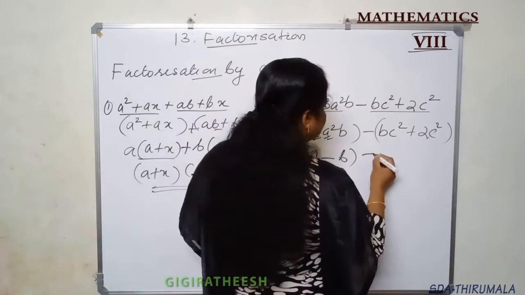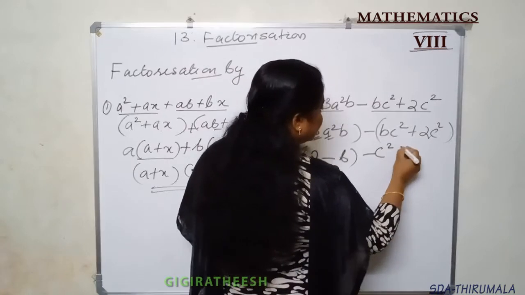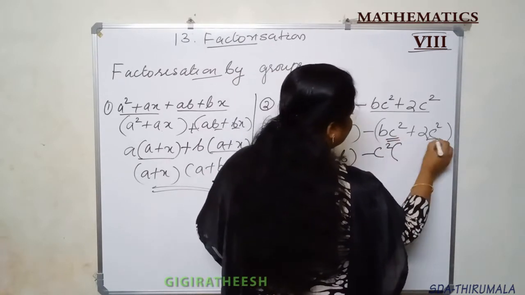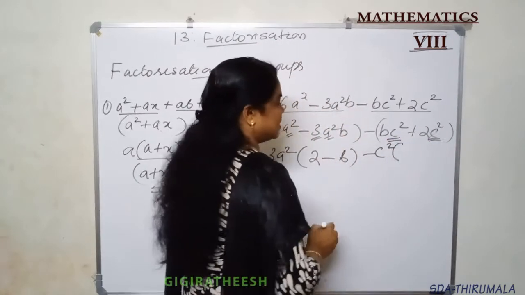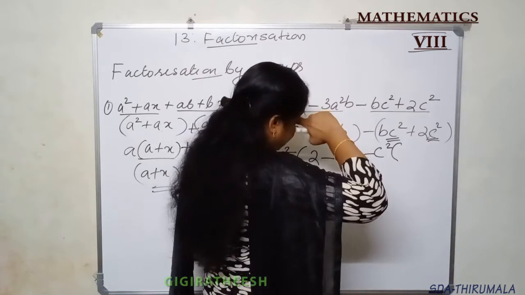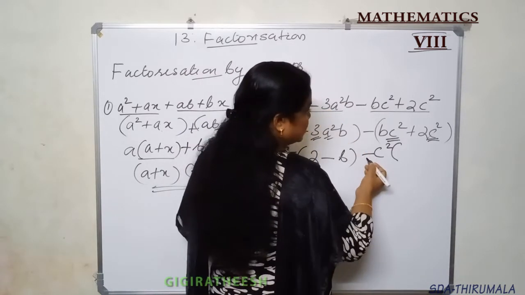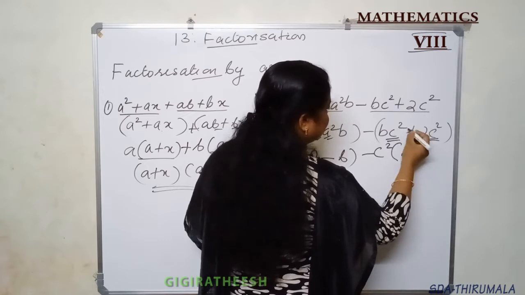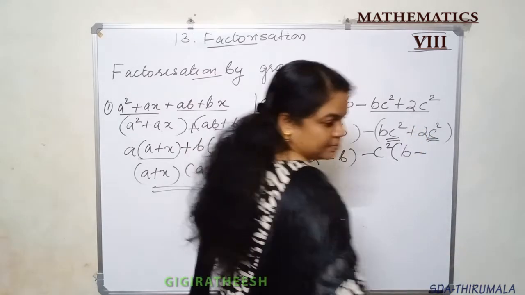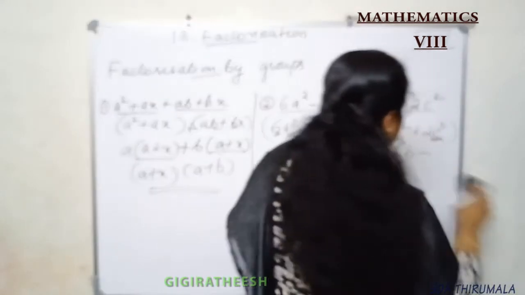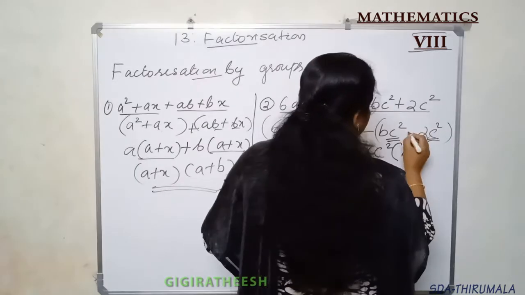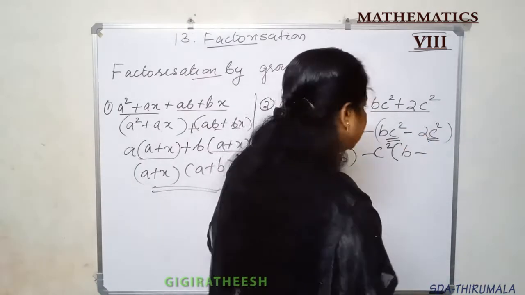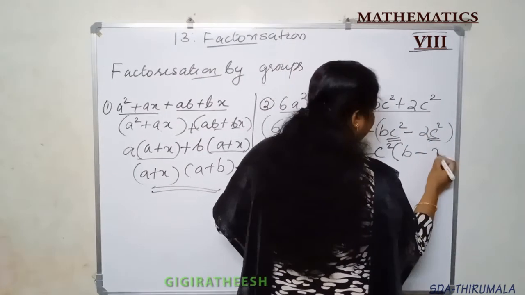Next is the second group with c square. Here c square is common, and taking the minus outside we get c square into b minus 2.